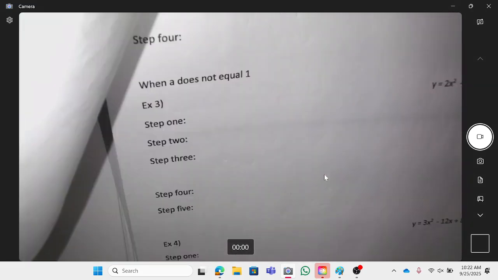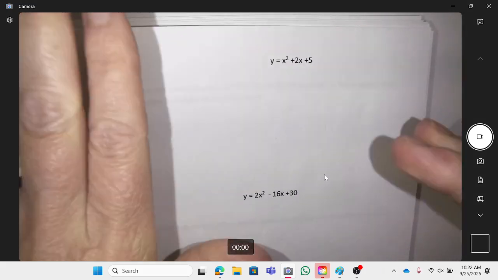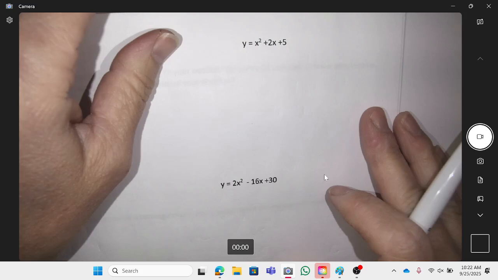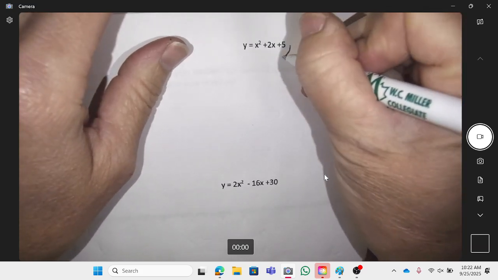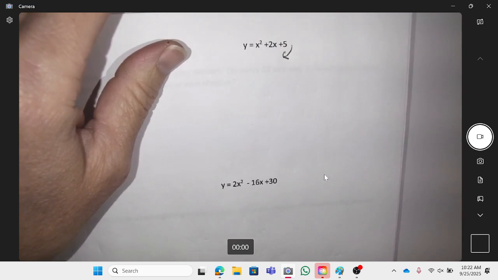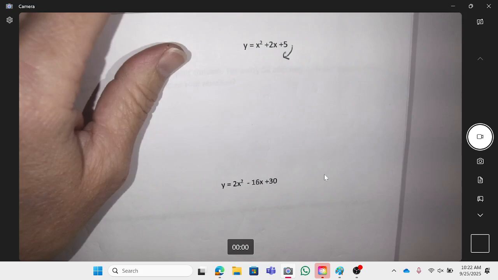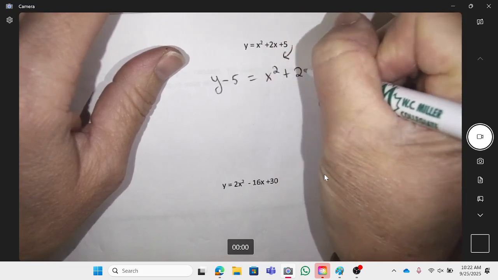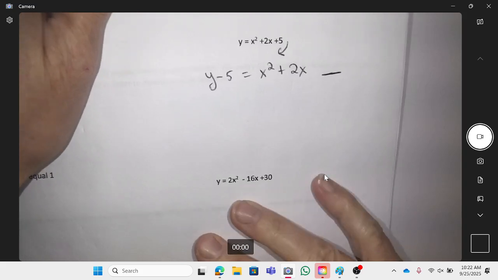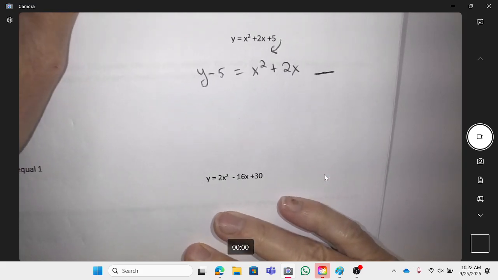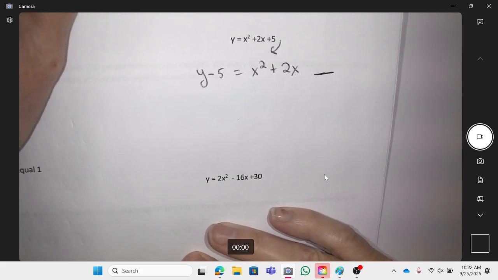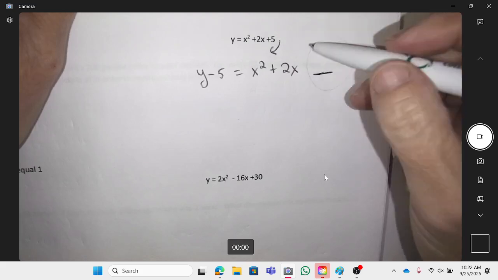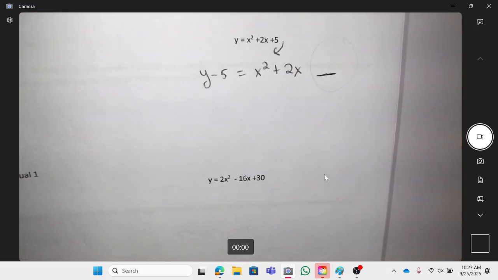Okay, here we go. Let's see if we can go quicker now that we got this down pat. Okay, step 1 was to get that out of there. I don't like it. It's not my perfect thing that I want. Step 2, remember the goal of a square is a perfect trinomial, so we can create it.